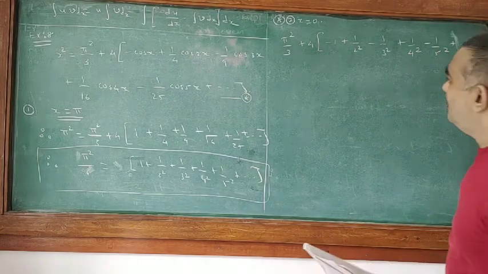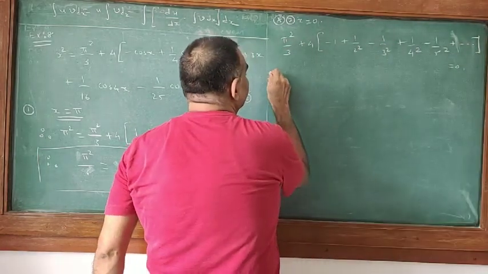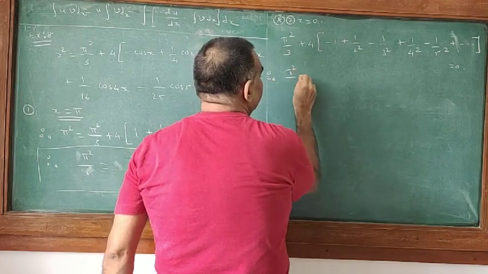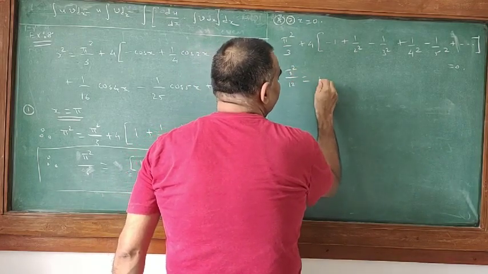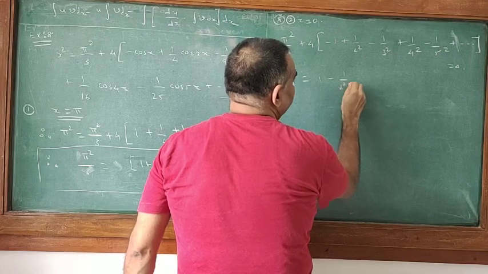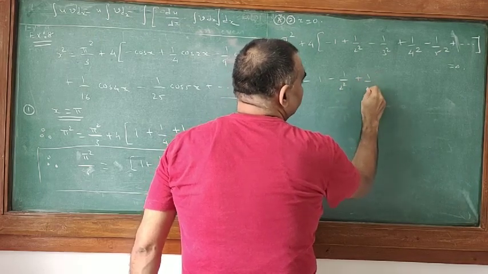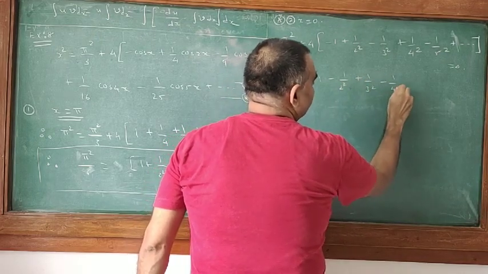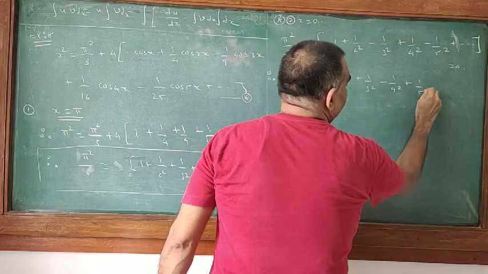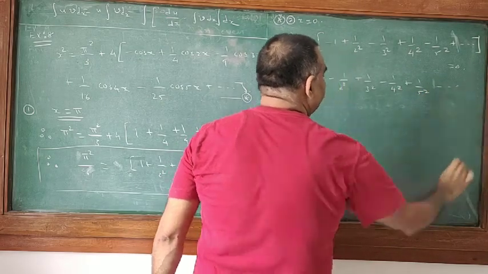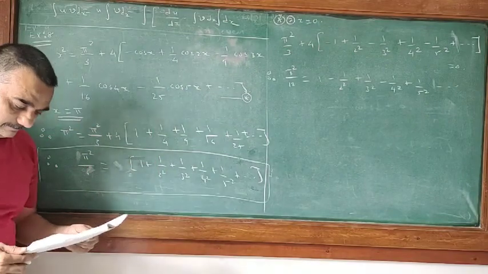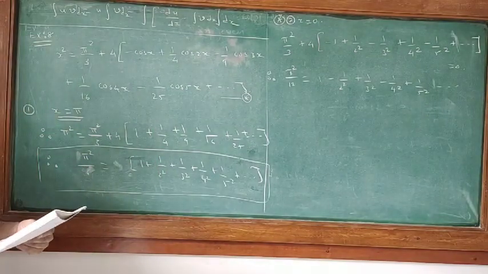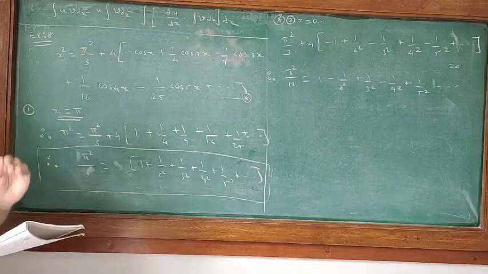So we have pi square by 12 equal to 1 minus 1 upon 2 square plus 1 upon 3 square minus 1 upon 4 square, 1 upon 5 square and other terms. So this is the value of pi square by 12.